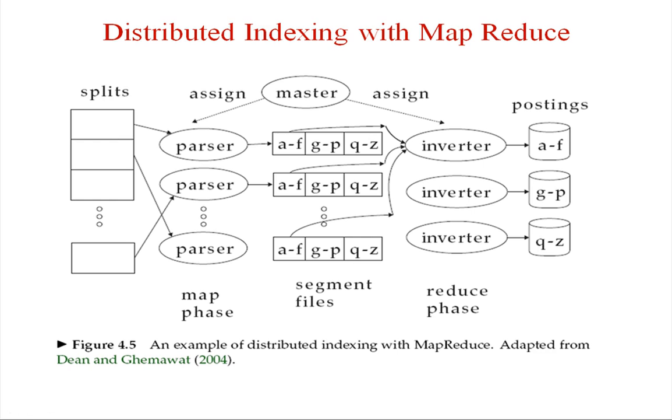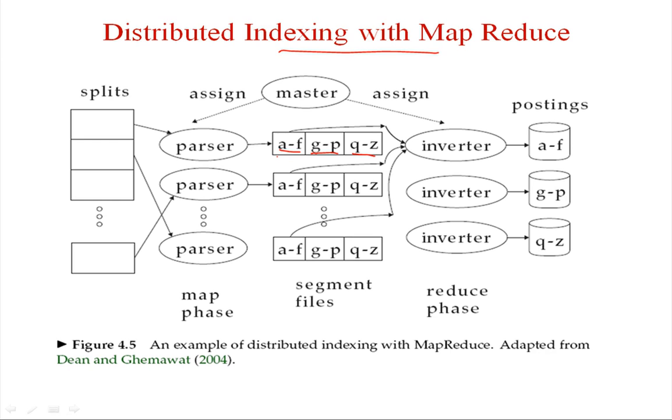Here is a simple distributed indexing with MapReduce. It splits the task into several subtasks, or splits the file into several chunks or sets. Then it assigns to the parser. The parser assigns the segment files which start with A to F, G to P, Q to Z, like that. There is a master, which we can also call the shuffler.